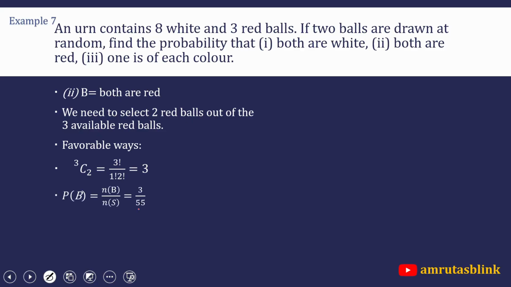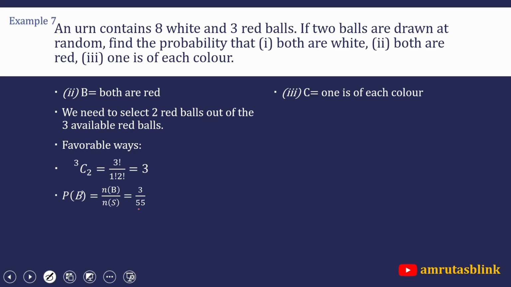Hence we can say that n of B is equal to 3, and hence probability of B, that is probability of both the balls are of red color, is equal to n of B upon n of S, which is equal to 3 upon 55.